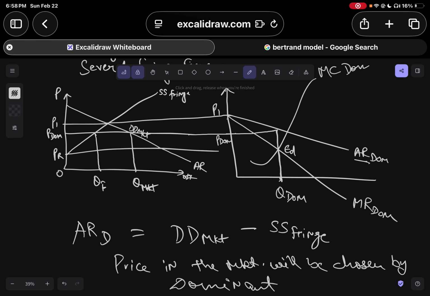Now we can say that it's not entirely an oligopolistic model. It's a bit of a mix of many things. But if you look into it, if tomorrow Amul increases the price of full cream milk from 35 to 40 because of an increase in its marginal cost, etc., then the other firms would also increase the price.